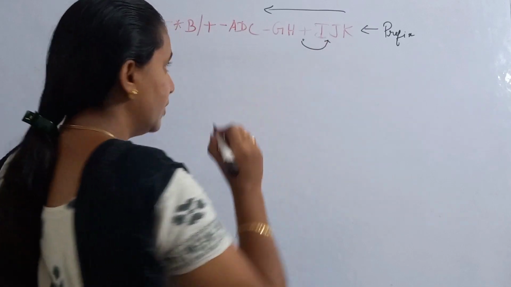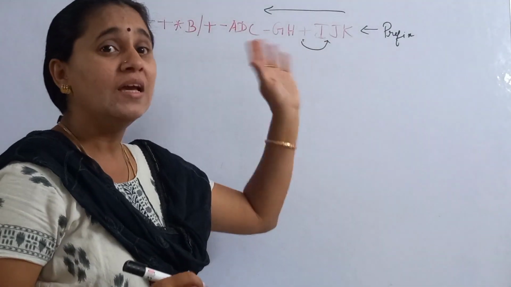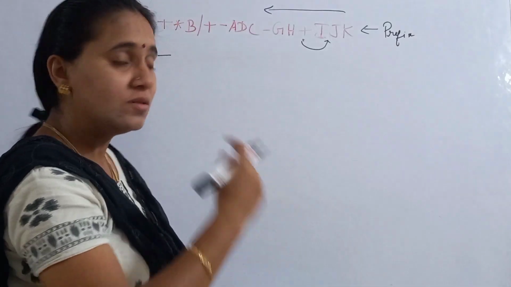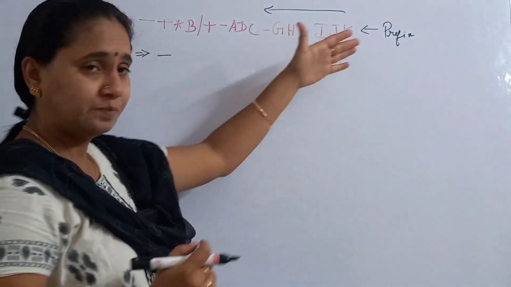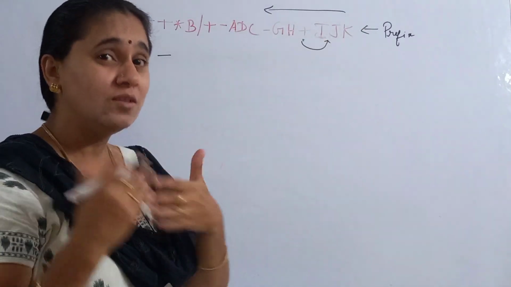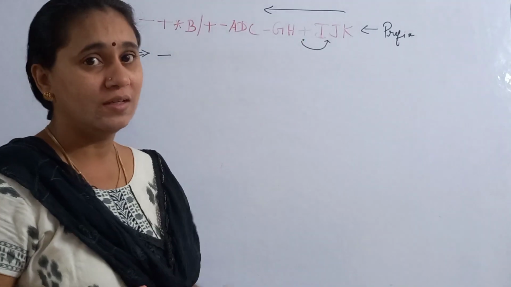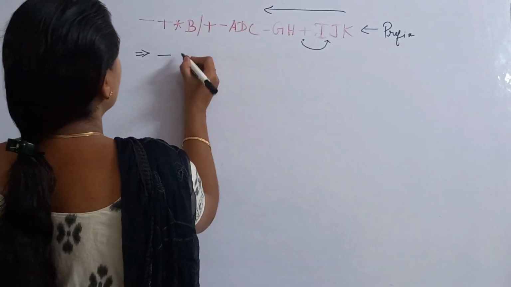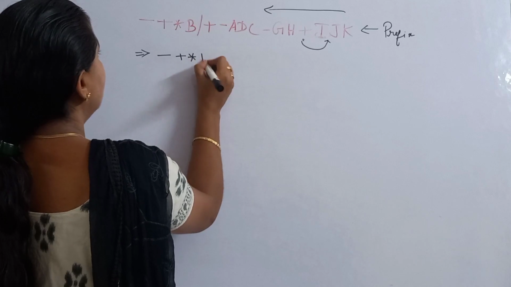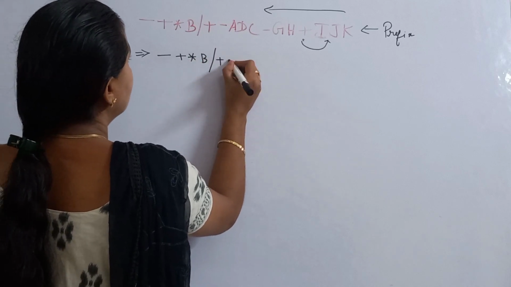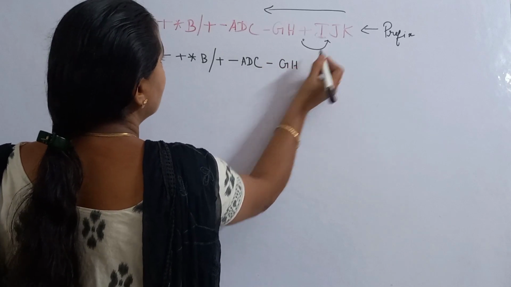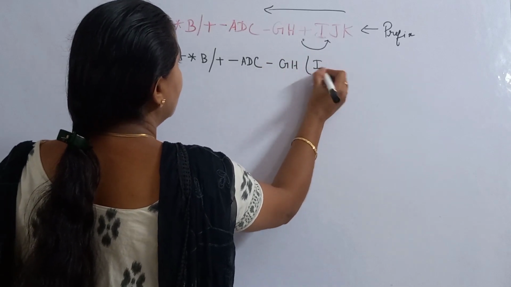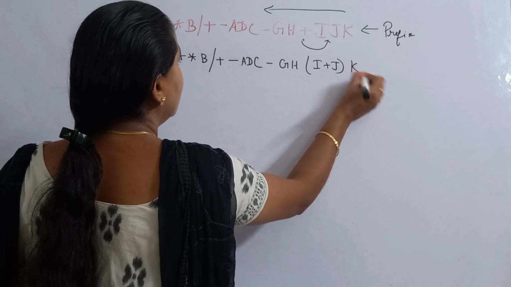We must shift it towards the nearest operand, which is here I. Write the remaining expression as it is, because for each and every step we are going to take one operator and shift. Then only it will be easy for you to solve the problem rightly. So minus plus asterisk b slash plus minus a d c minus g h, shift it.